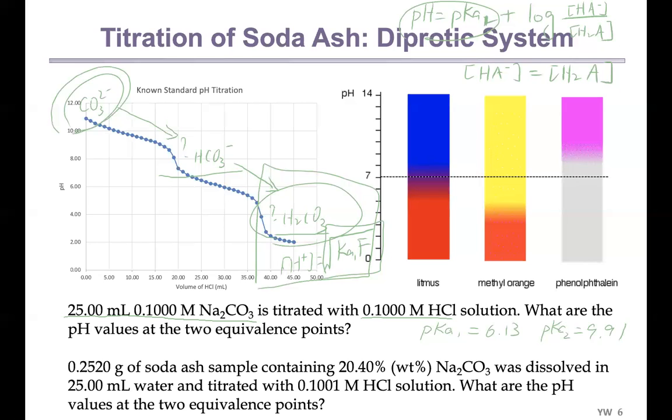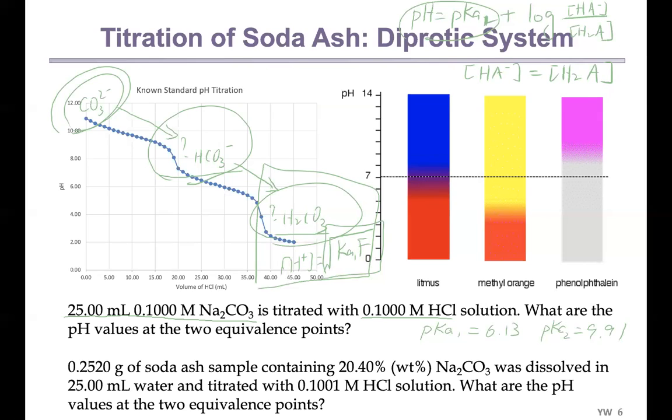Now, what about the one here, HCO3 minus? Is it a fully deprotonated form, fully protonated form, or amphiprotic form? Amphiprotic. It's amphiprotic, right? So how do you calculate pH of the amphiprotic form?